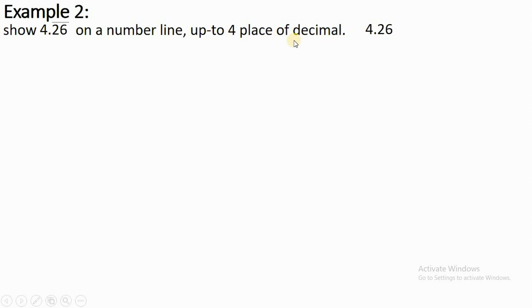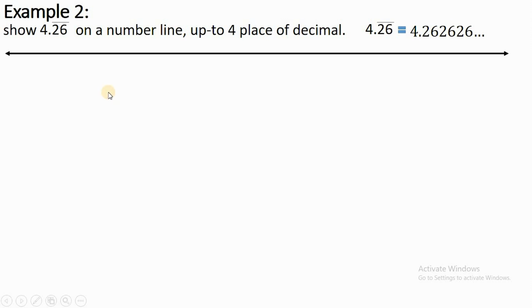In some questions you might be asked up to 5 places of decimal or any place of decimal. So 4.26 bar is equal to 4.262626 and so on. 2626 is repeating here. Therefore, in the question we are asked to take only 4 places of decimal, that is 4.2626. That's it. We have to show till here.